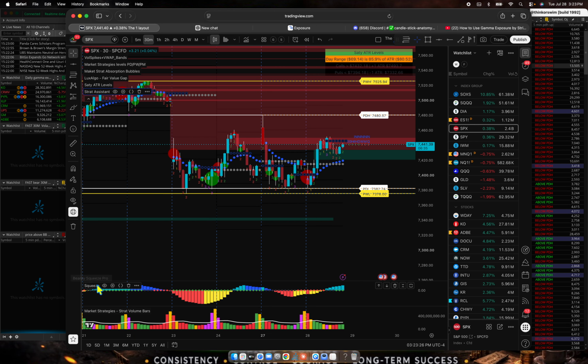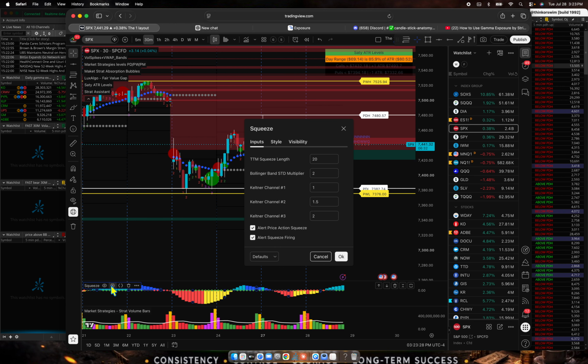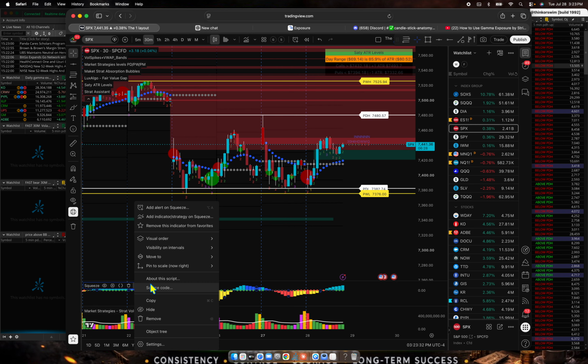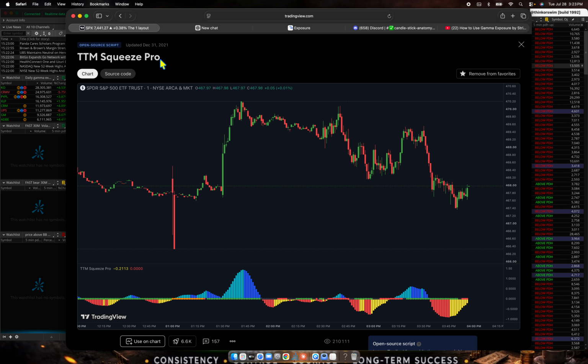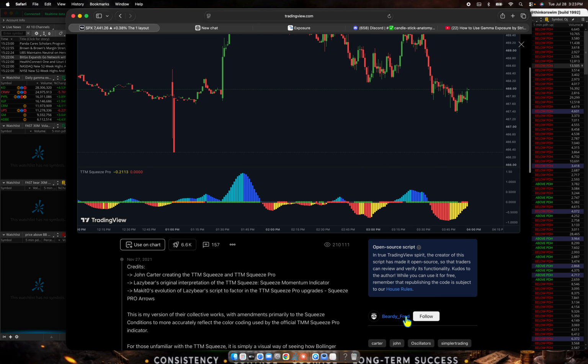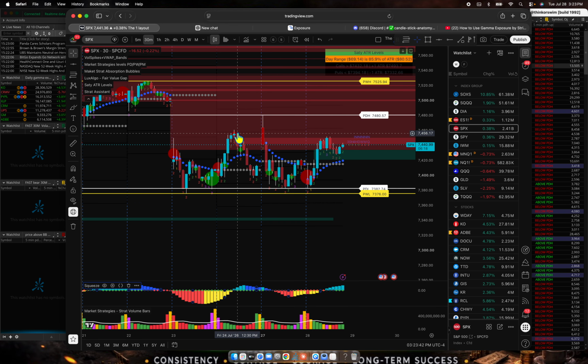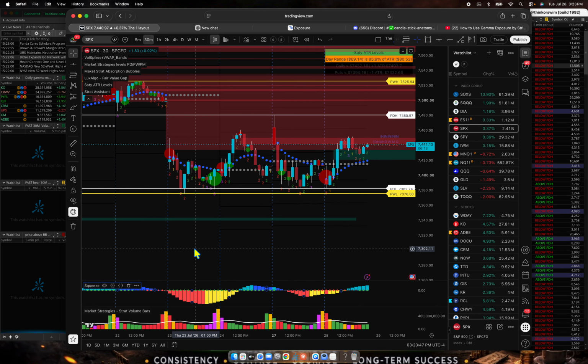Also, I do utilize this tool right here. This is, I believe, the TTM Squeeze Pro. I'll just go here. Yep, TTM Squeeze Pro. That is by Birdie Fred. So what this does is it kind of lets you know when the squeeze is released.